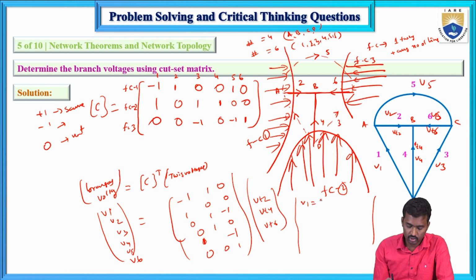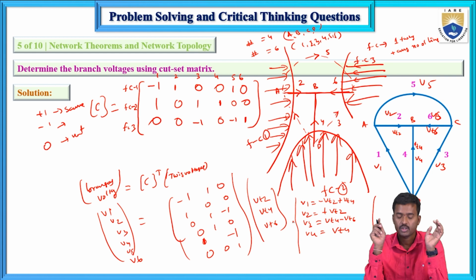Here V1 equals minus VT2 plus VT4 and V2 equals plus VT2. V3 equals VT4 minus VT6. Next V4 equals VT4.